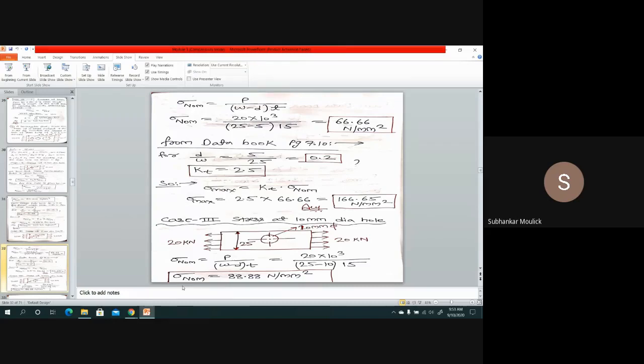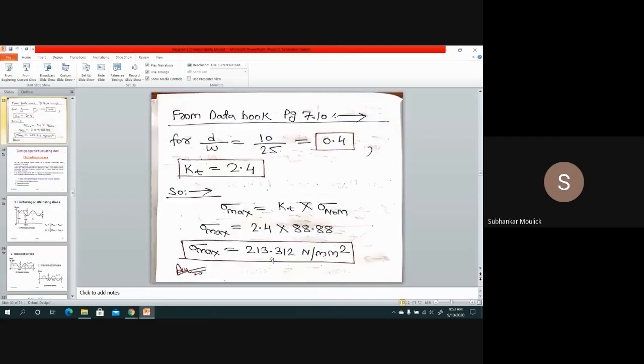In order to find the value of sigma max, I need Kt. Now, to get the value of Kt, you need the value of A by W. Here A is 10 and W is 25. So A by W or D by W is 10 by 25, which is 0.4. Corresponding to A by W equal to 0.4, what is the value of Kt?